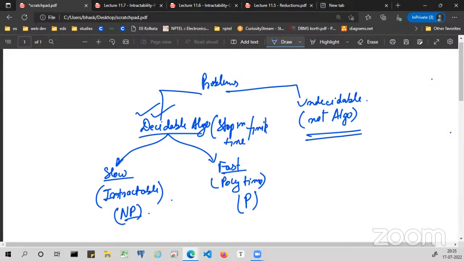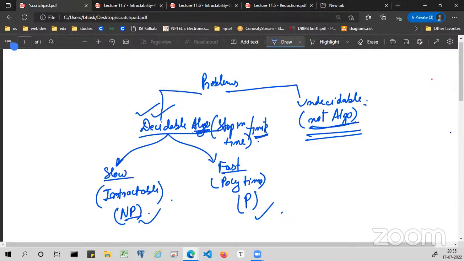Both your intractable and this polynomial time, that is NP and P, would stop in finite time, right? It would stop, but undecidable do not stop. So that's why I have written not algo. Undecidable are not algo. Decidables are algorithms.